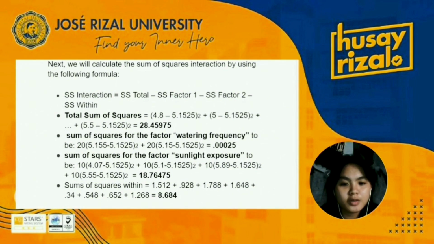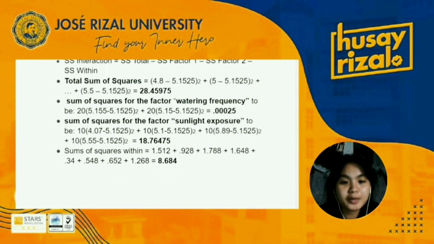Sum of squares for the factor sunlight exposure is 10(4.07 minus 5.1525) plus 10(5.1 minus 5.1525) plus 10(5.89 minus 5.1525) plus 10(5.55 minus 5.1525), which is equal to 18.76475.